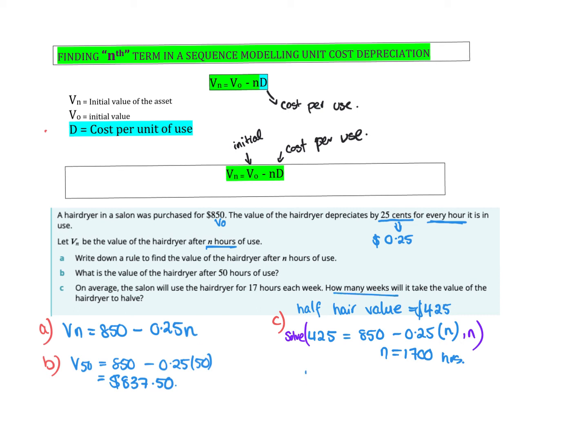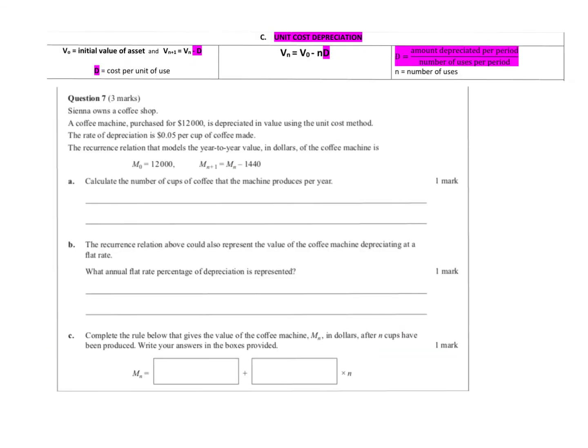If it's 1700 hours, but every week they use it for 17 hours, then if I divide by the 17 hours, that's going to tell me how many weeks. Yeah, because they said up here they'll use it for 17. So that ends up being, that's pretty easy, isn't it? 100 weeks.